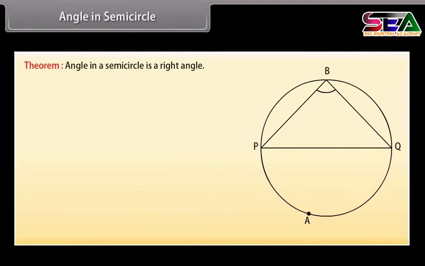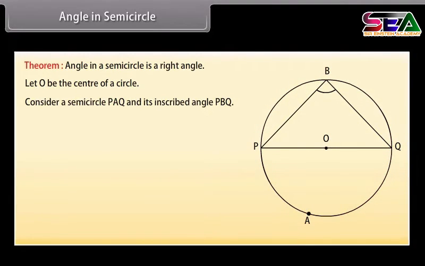Angle in a semicircle. Theorem: angle in a semicircle is a right angle. Let O be the center of a circle. Consider a semicircle PAQ and its inscribed angle PBQ.